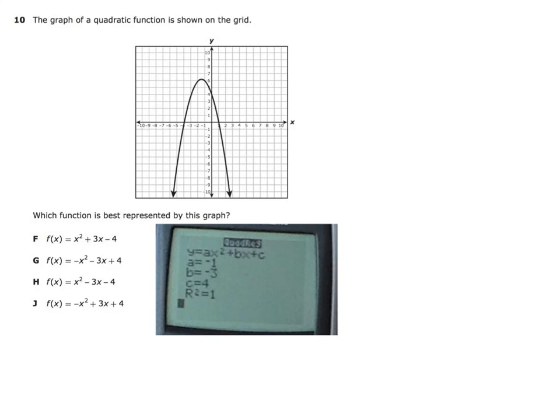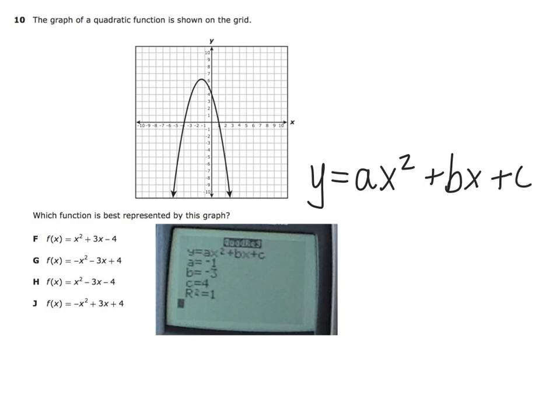And when I press enter, again, my R values are always turned on, but I now know my A, my B, and my C. And here it's given me the format of the equation. So if I take the format of the equation, y equals ax squared plus bx plus c.